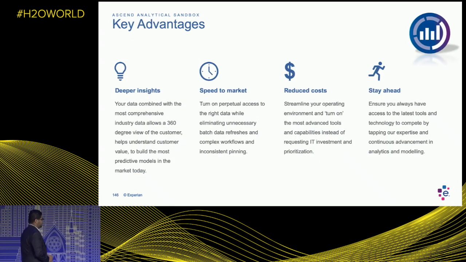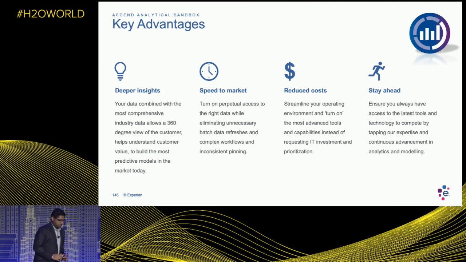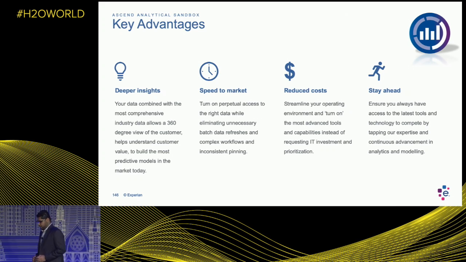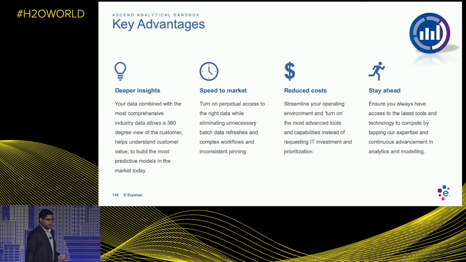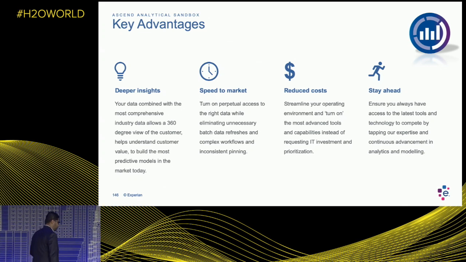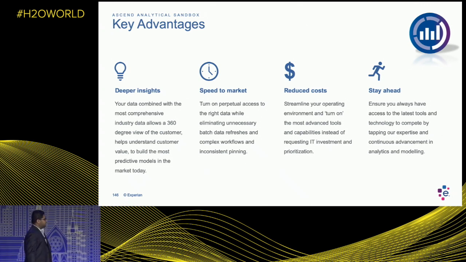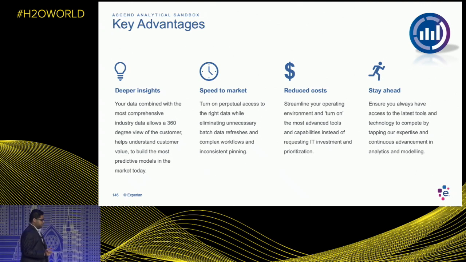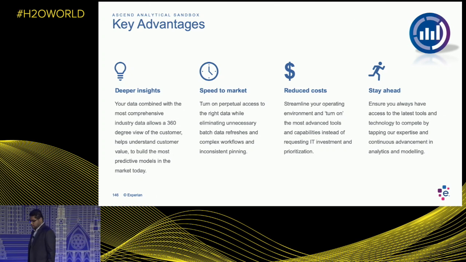So just a summary slide of key advantages. One thing that I would like to highlight out of all the points on this slide is speed to market. As I said before, I used to work for a financial institution in the credit risk strategy team, and one of the key things that we liked to look at was reject inferencing and analyzing the population that we did not approve and what is happening to that population.